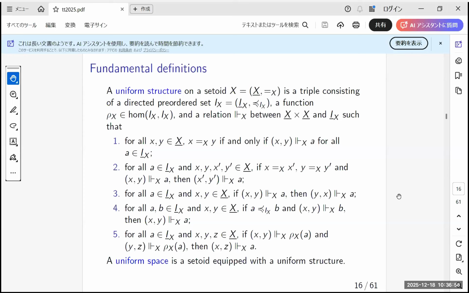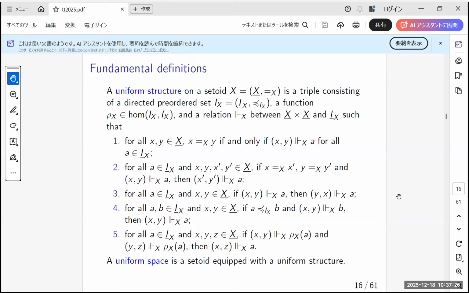And the first condition corresponding to the uniform space is T1, a kind of separation axiom. And the second says that the forcing relation preserves the equivalence relation. And the third is that forcing is symmetric.